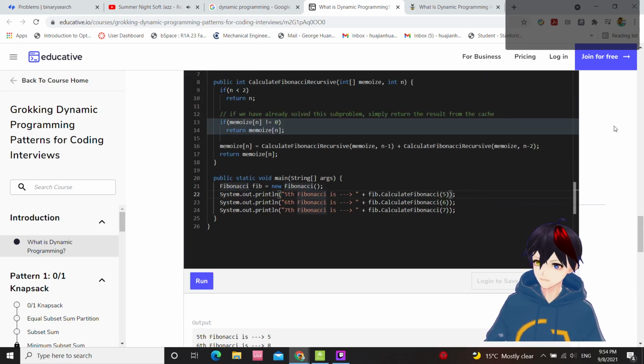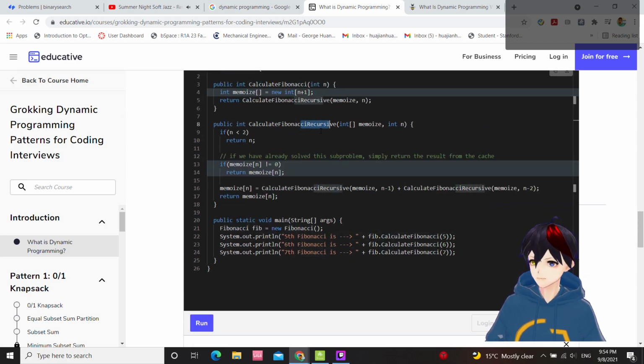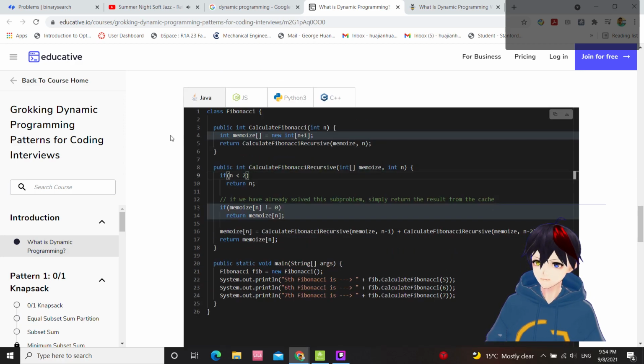This one is kind of classic. The thing that got me is I don't know why memoization is publicly accessible.